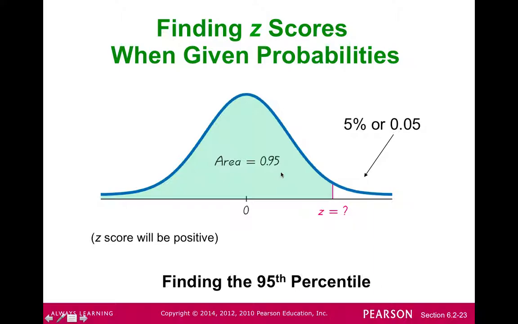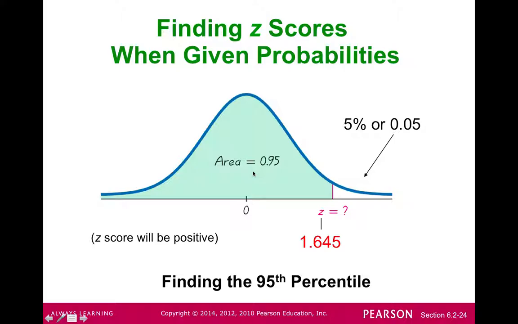Now, one thing to note is that this is the area to the left. So if this is our z, and we're looking for this area this way, this 0.95 is that area to the left. So when we look it up on our z-score table, we know that we'll actually be getting the number that we're really looking for.